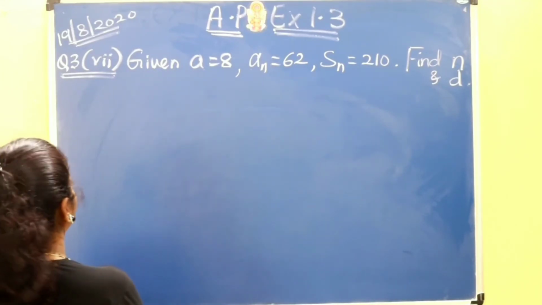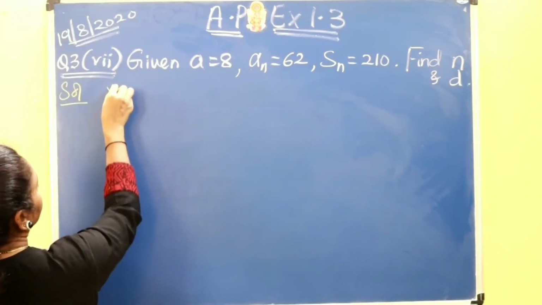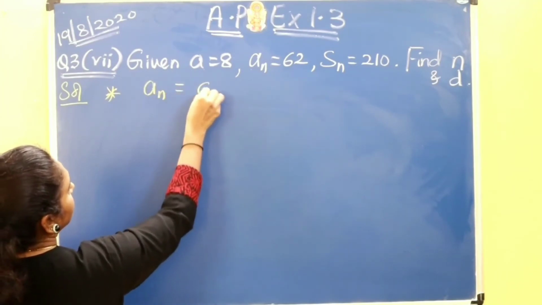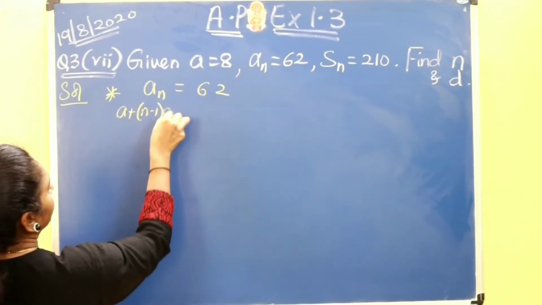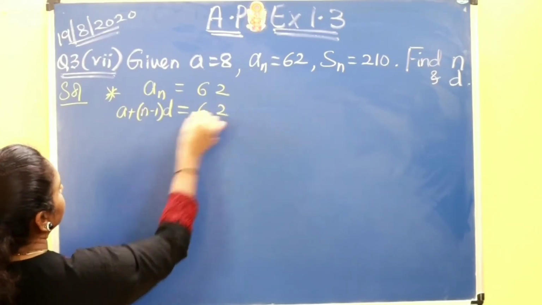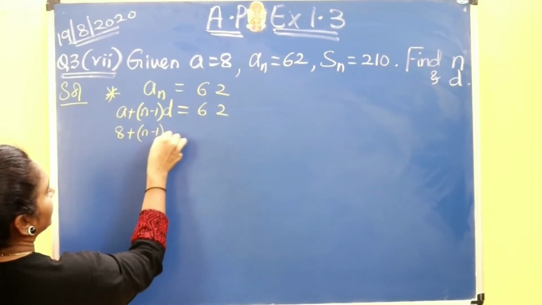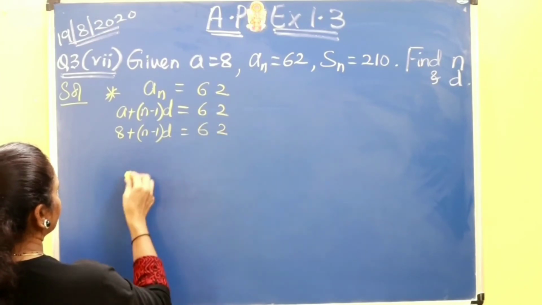So solution, an is equal to 62, a plus n minus 1 into d is equal to 62, 8 plus n minus 1 into d is equal to 62.